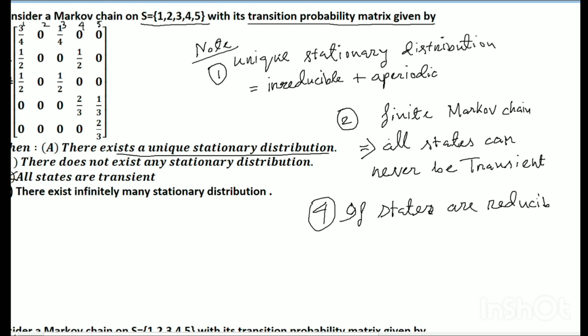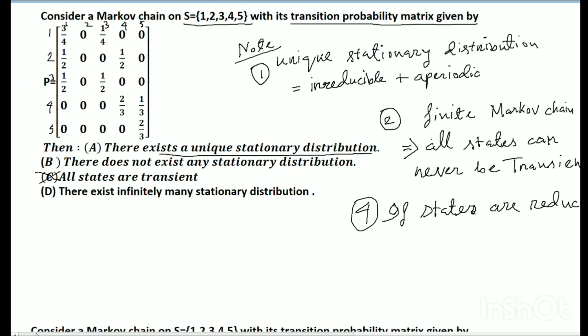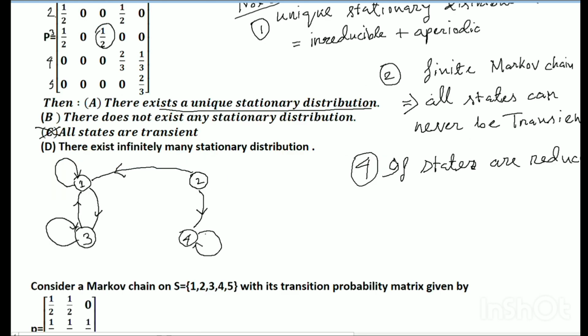Now how can I understand whether it is reducible? I have to draw a diagram, graphically. Friends, I have already told you how to represent the states graphically, I hope you know. Now I will draw a graphical representation of the Markov chain. You see my diagram, and it proves that according to the diagram it is reducible.